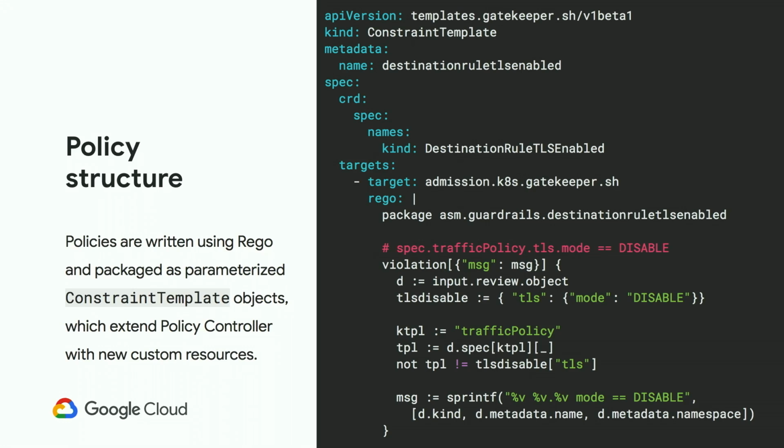So let's talk about a policy in depth and what the structure looks like. There are two parts to a policy, right? There is the rule definition, which is written in a language called Rego, which is part of the OPA package, the Open Policy Agent package. And then there's the actual packaging of that rule and giving it to Kubernetes. And that packaging is called a constraint template.